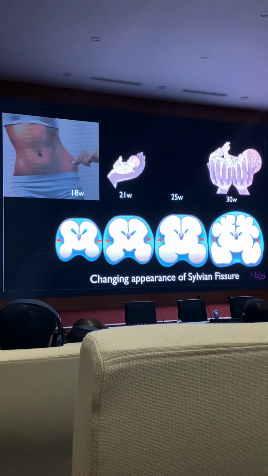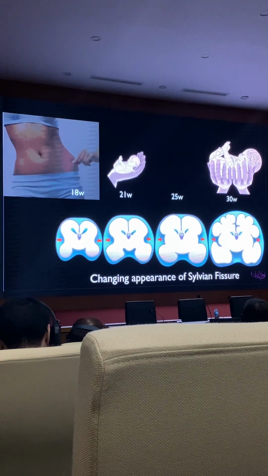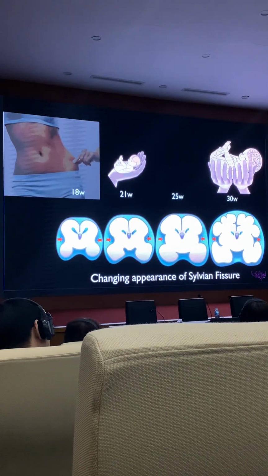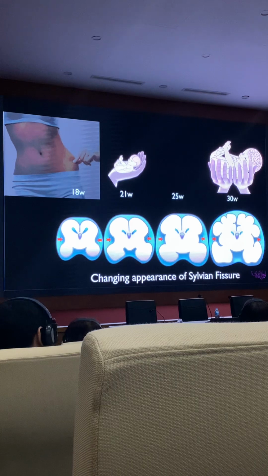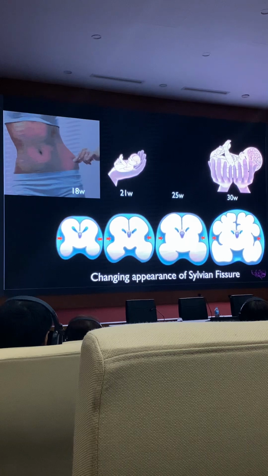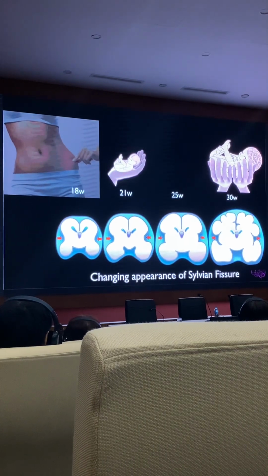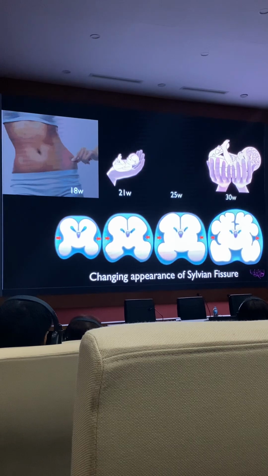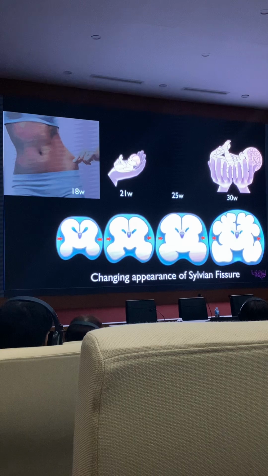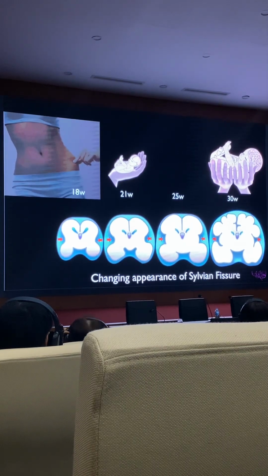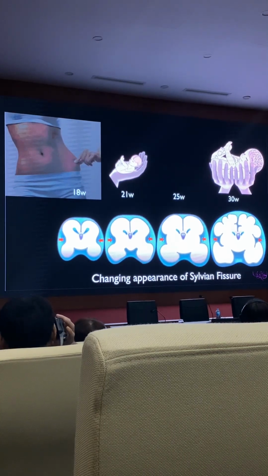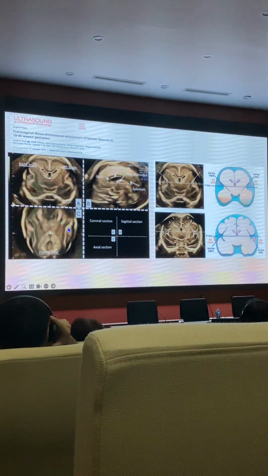However, one day, Leona Pun, a very good friend of mine, in Hong Kong now, asked me, Dr. Poo, you can understand this Sylvian fissure is wrong, this Sylvian fissure is okay, right? However, because Dr. Poo is the expert, for the general OBGYN doctors, how can they tell this is wrong, this is good, and then we can create the Sylvian fissure angle, okay?